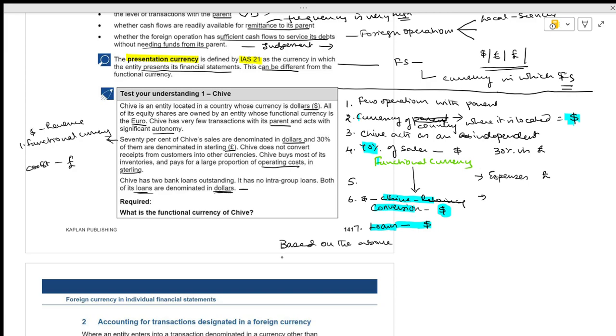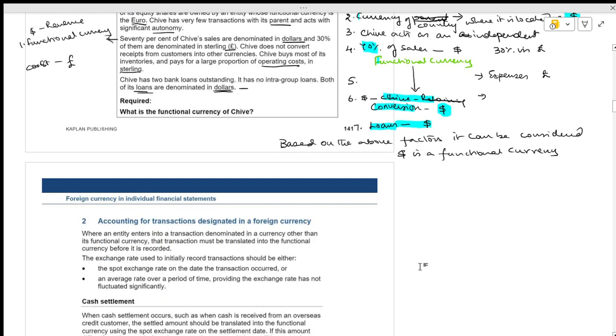Based on the above factors, it can be considered that the dollar is the functional currency. You should make sure in what aspect it is a functional currency, and which currency is the functional currency. This is the only specific way.